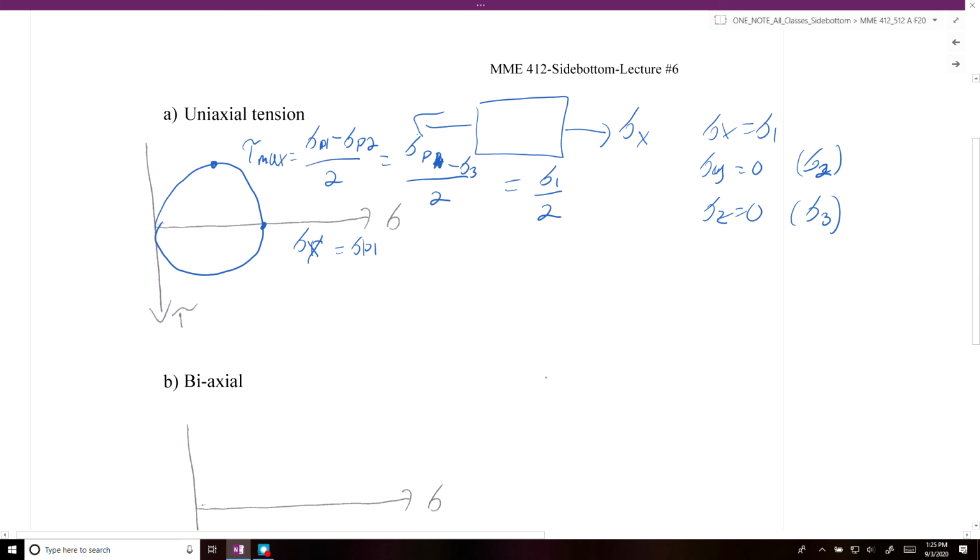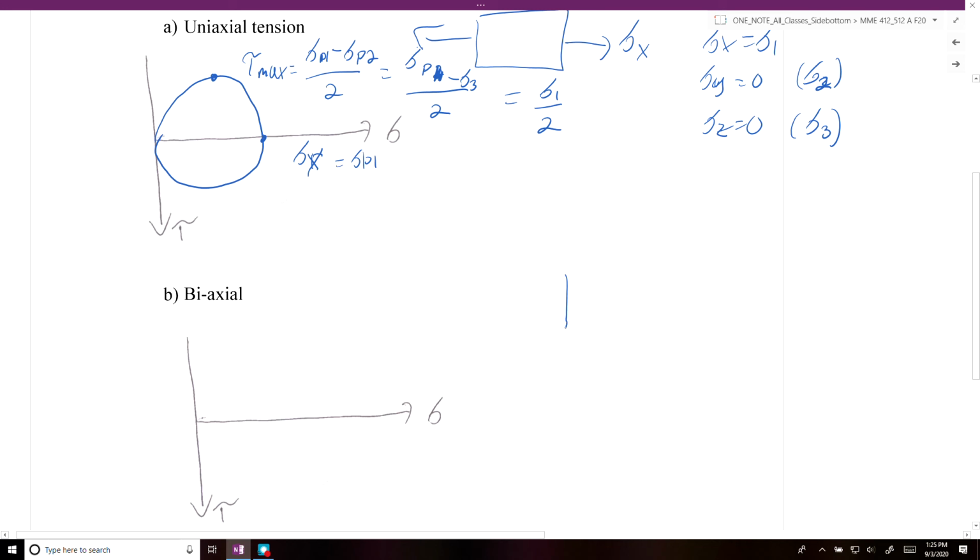The second case that we're going over is biaxial stress. This is the case where you would have two stresses acting on a system. Let's say sigma 1, which is sigma x, and sigma 2, which is sigma y, acting on an element.